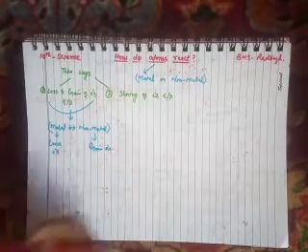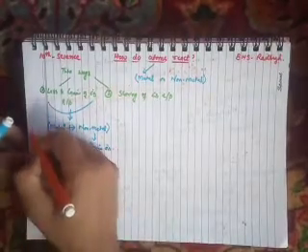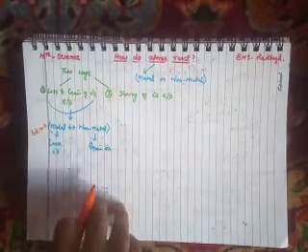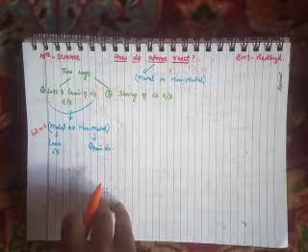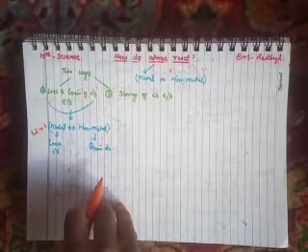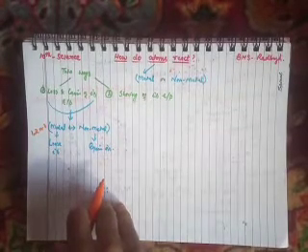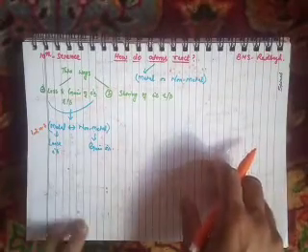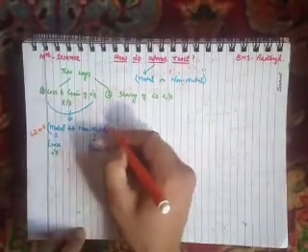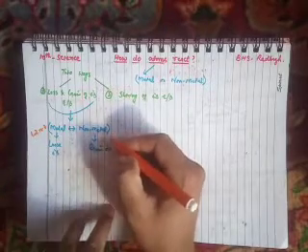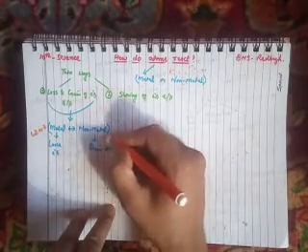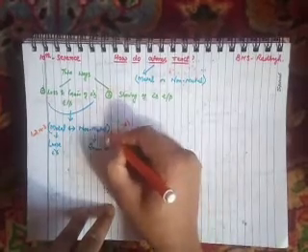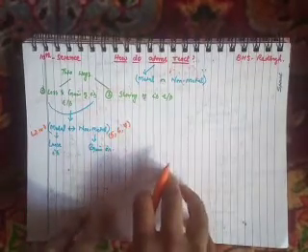And we have seen that the metal atoms usually contain 1, 2, or 3 electrons in their outermost shell, and these metal atoms can lose 1, 2, or all the 3 electrons so as to attain the nearest noble gas configuration. Similarly, the non-metal atoms usually contain 5, 6, or 7 electrons in their outermost shell.